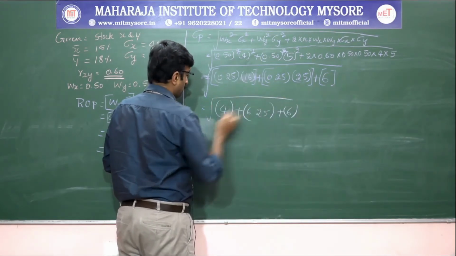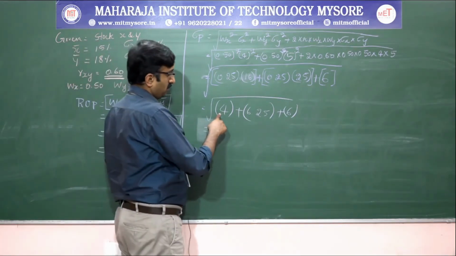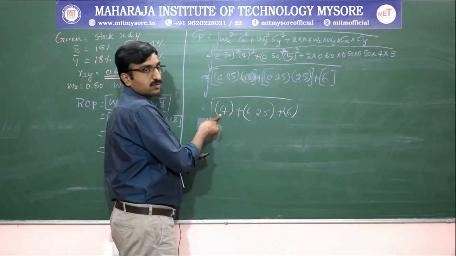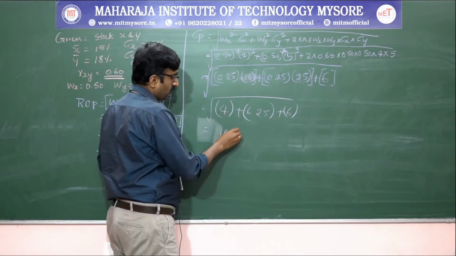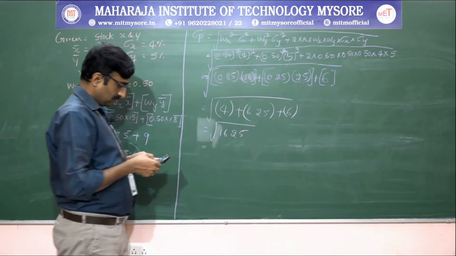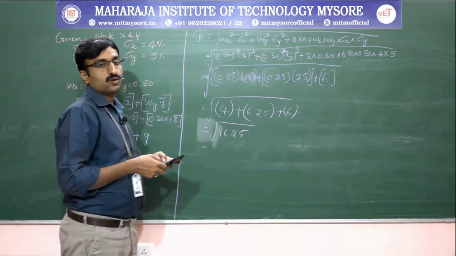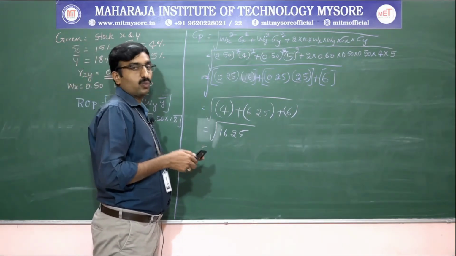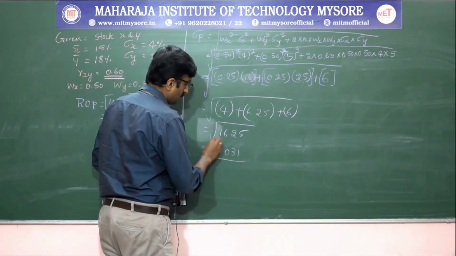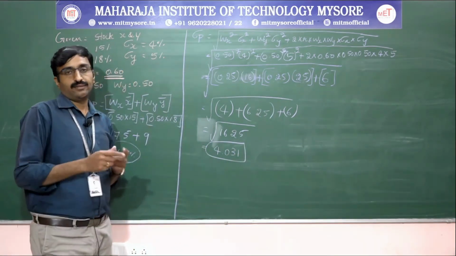Put together, 6 plus 6.25 is 12.25, plus 4, it is 16.25. So, root of 16.25 is 4.031. This is the calculation of standard deviation.